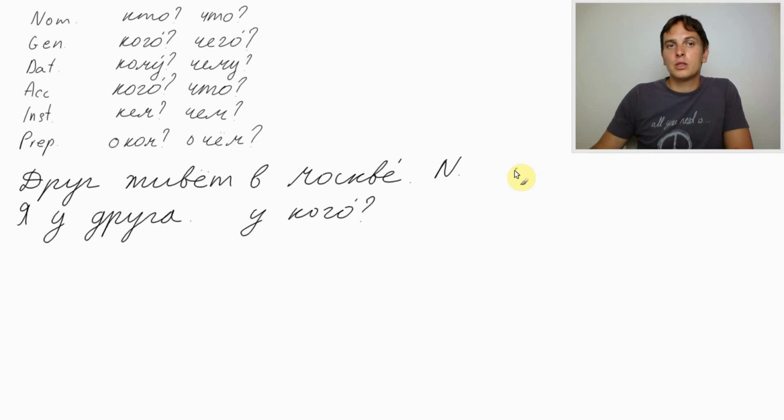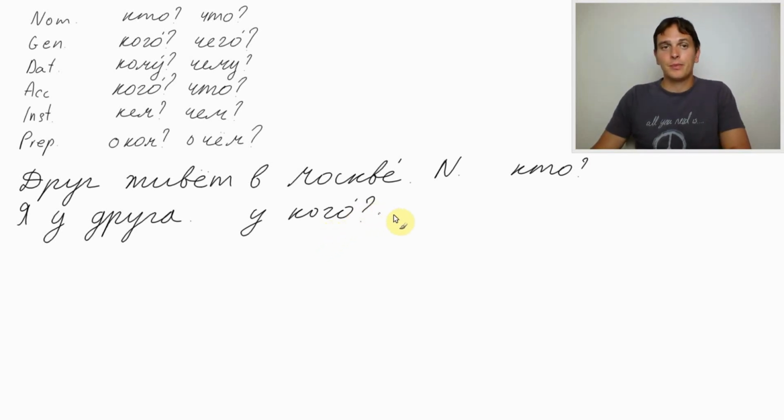Here the question was кто? Кто живет в Москве? Who is living in Moscow? Here we are asking у кого я? У кого я нахожусь? Where am I? And we got genitive. So you understand, we need to adjust our friend according to genitive, to the function of friend within the sentence.